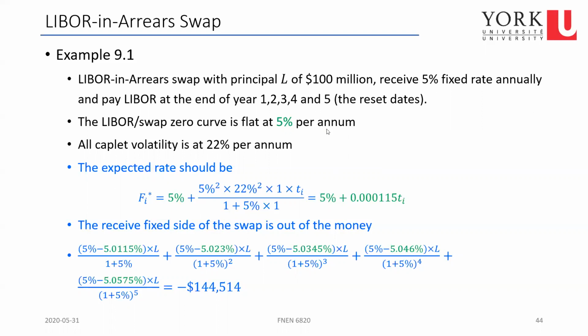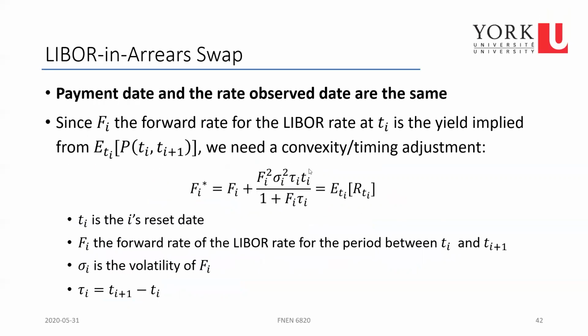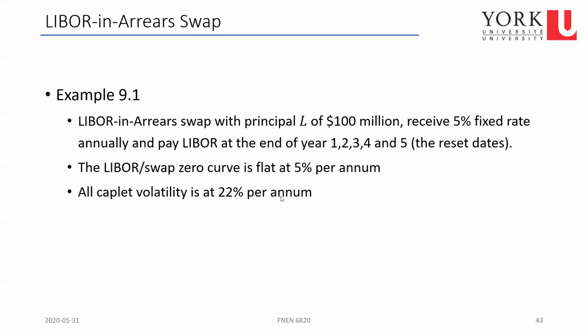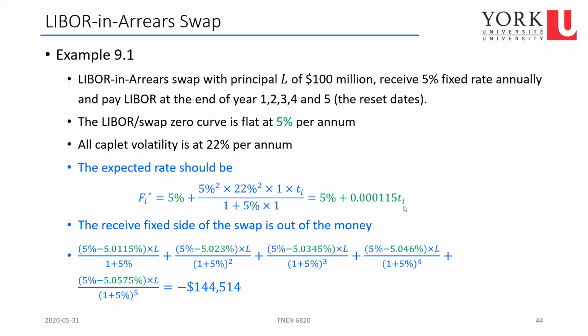Now, for the LIBOR in arrears, you have to adjust this by this factor here, with the appropriate values. Then you get 5% multiplied by this factor with Ti. Now, if in the question the LIBOR swap zero rate is not flat, then you will have to use an appropriate rate here for each i.